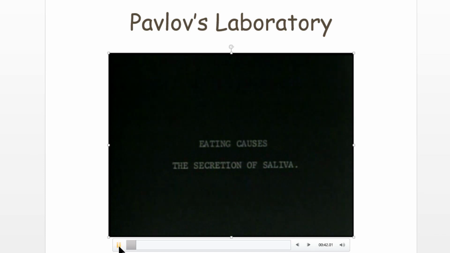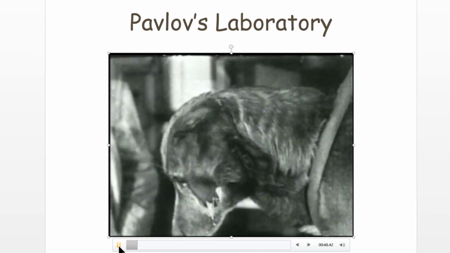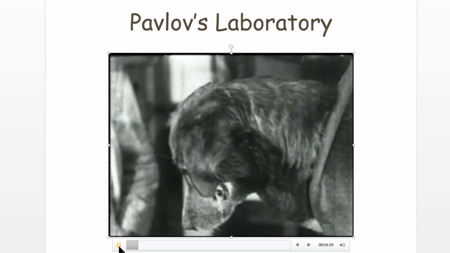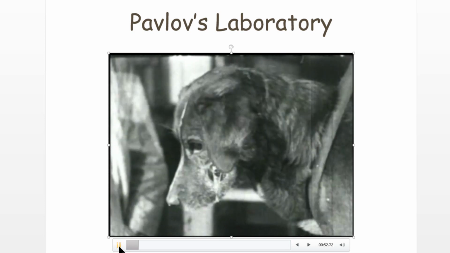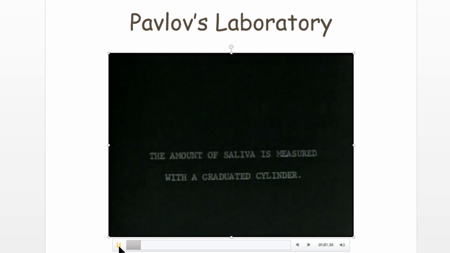Now, the reason why they do this is so they can collect the saliva as a source of data. What they will do is they will attach a test tube to that dripping saliva that you see and measure the amount of milliliters of saliva that comes out of the dog under certain experimental conditions.